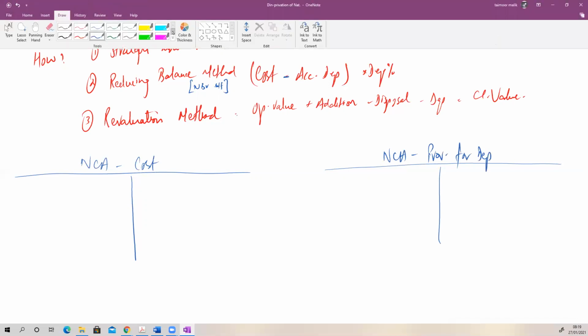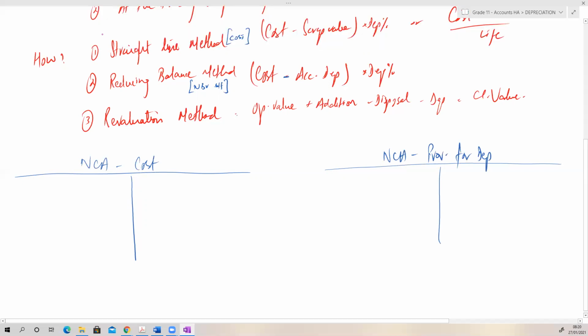Cost account में this will be cost brought forward. From what? From last year. ठीक है? Number two, additions की cost.